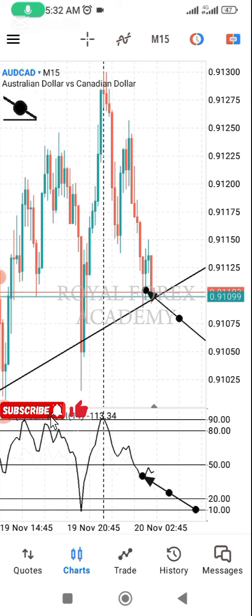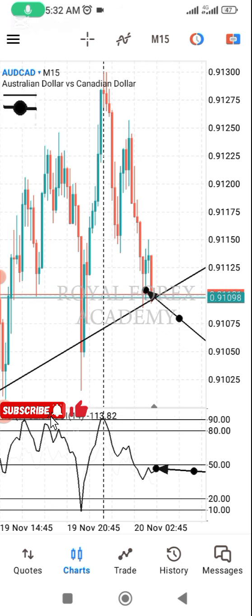You see that? It's below 50, so we cannot buy. We want to see it at this zone. It pulled back to 50 and it returned. Then we can buy. Or let it be coming from the level of 20 and 10 facing up. Then we can buy. But this we cannot buy unless it crosses back up and then gives us a bullish candle signal.